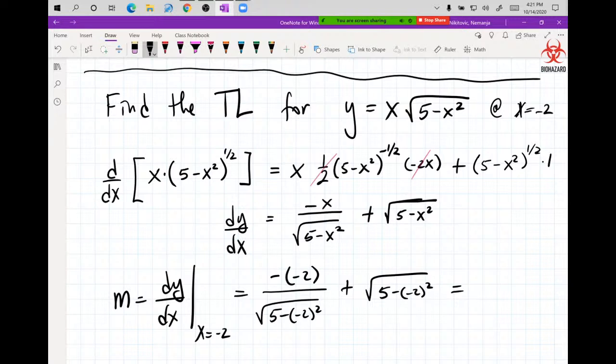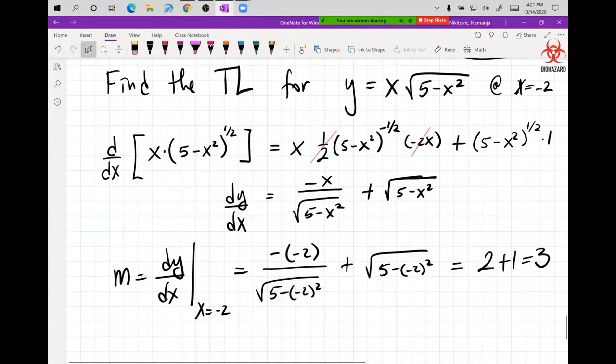And square root of 1 is 1. So this whole mess becomes 2 plus 1 equals 3. The entire mess is 3. So now we have that the slope of the tangent line is 3.